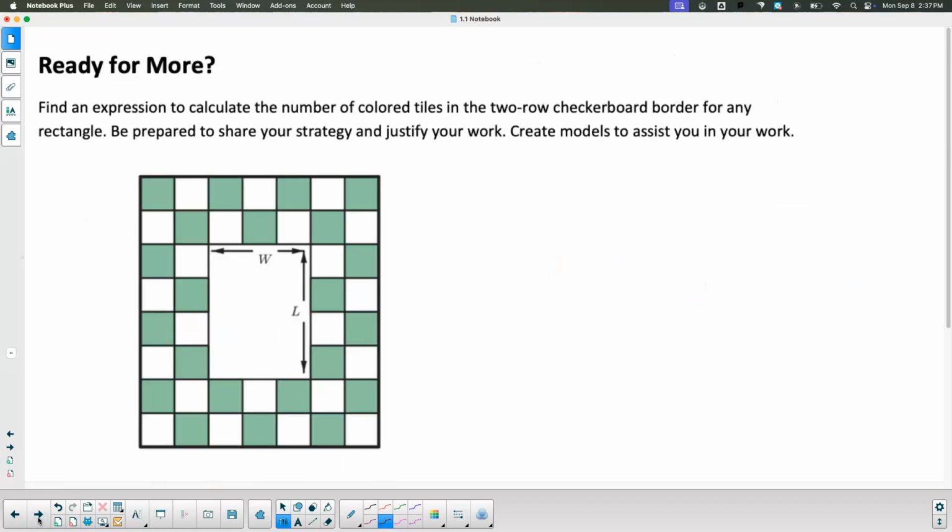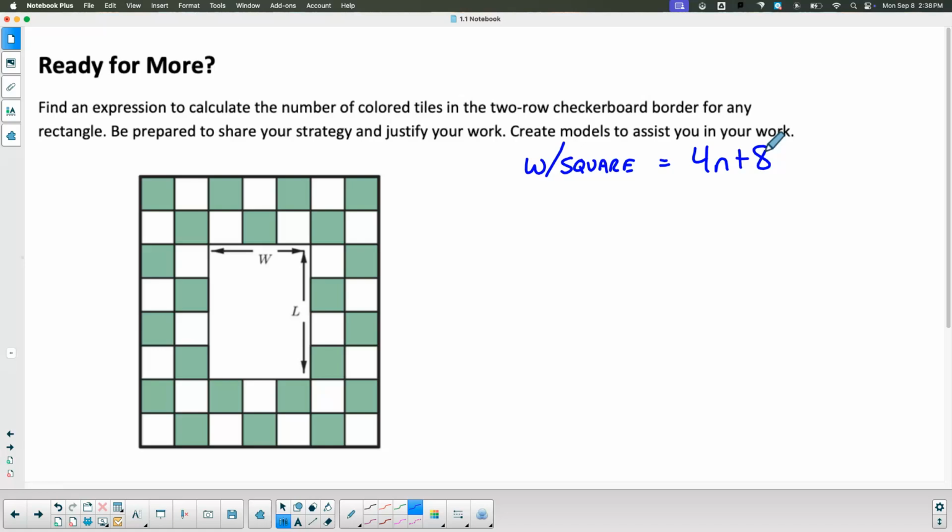the construction company doesn't want to put a square in the middle. So, we just said that with the square, it was 4n plus 8. Now it's not a square in the middle.